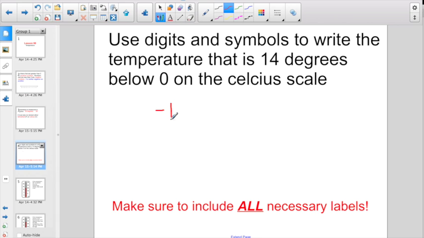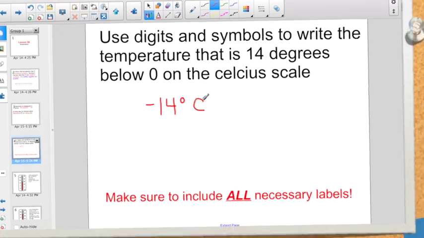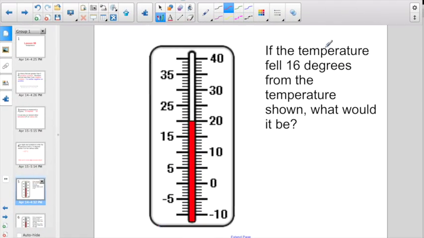We're talking about negative 14. And we want to make sure we use the degree symbol. So negative 14 degrees, and the last thing is a big capital C for Celsius. Negative 14 degrees Celsius.